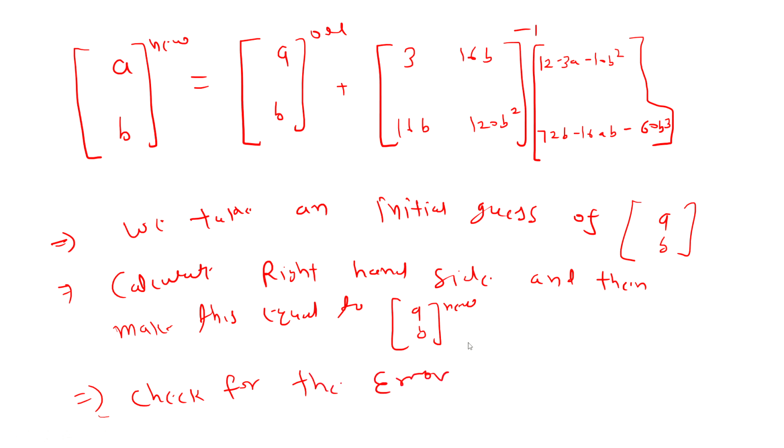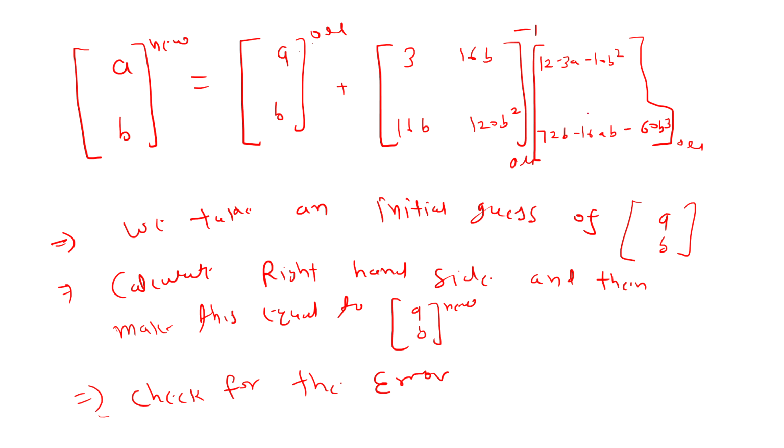So you understood what I want to say: we will basically guess a b old, and these are the old values. So we will guess a b old, and then we will compute this matrix by using this old value of a and b.